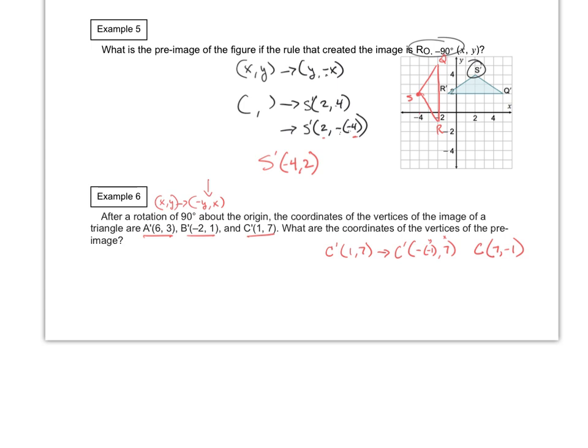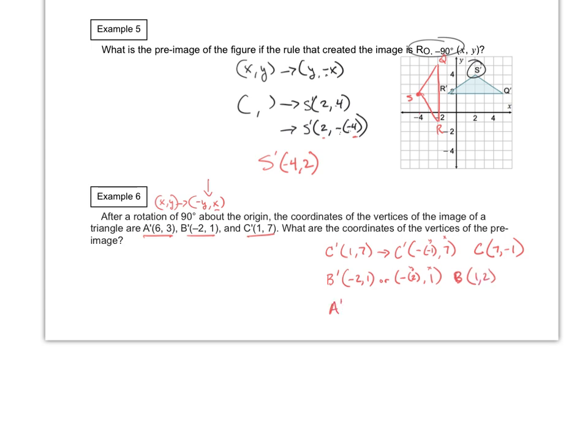And let's see here, B prime is (negative 2, 1). So this is my x value, this is my y value, so B should be (1, 2).